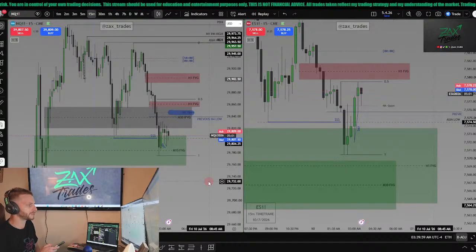You'll start seeing those types of candles forming way before they close. A great example of that.